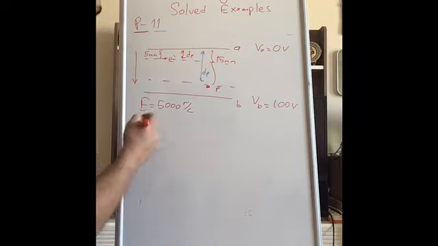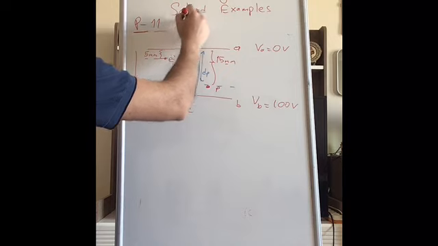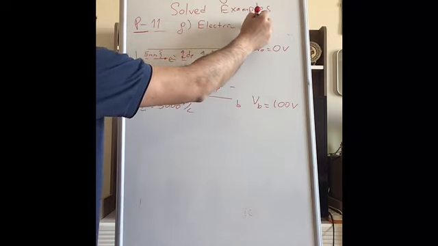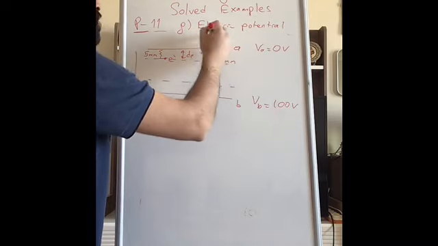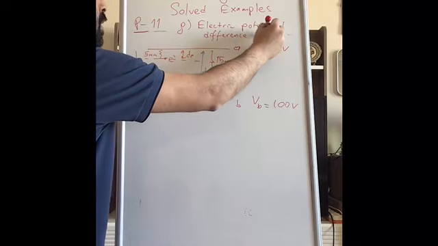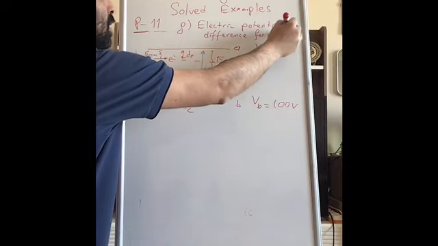So part G, electric potential difference for electron and proton.